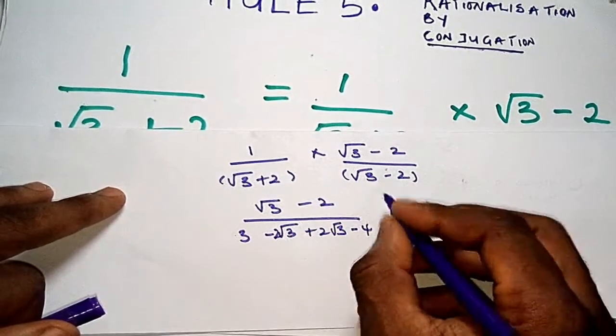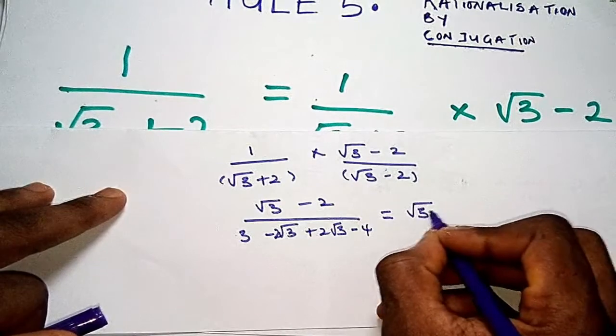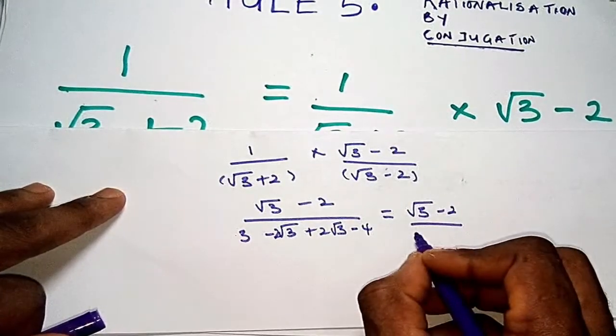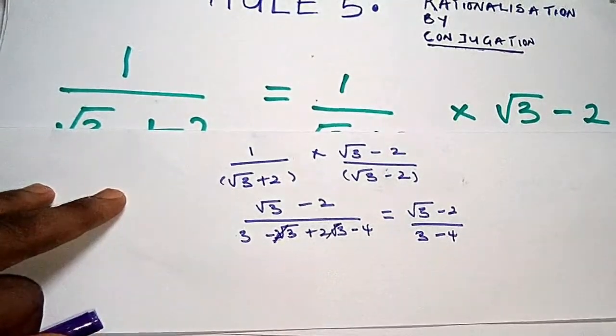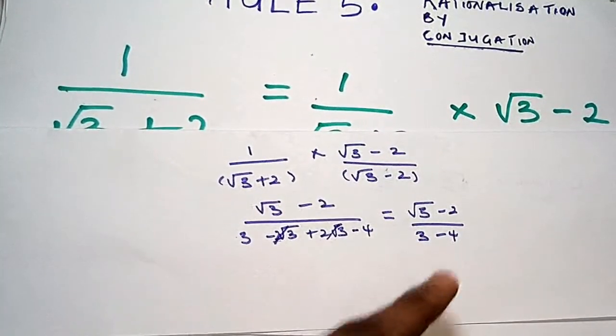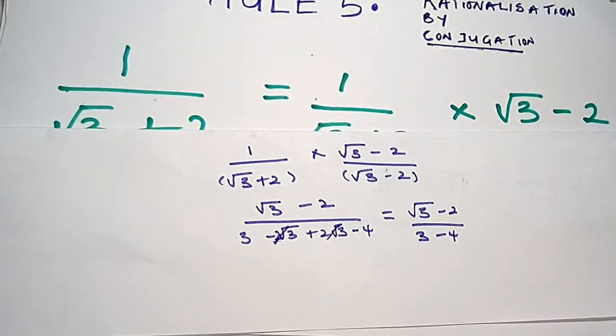So at the end of the day, we're going to have root 3 minus 2 over 3 minus 4, because this will cancel out. And obviously we have a natural number as the denominator. Then we solve further and get our final answer.